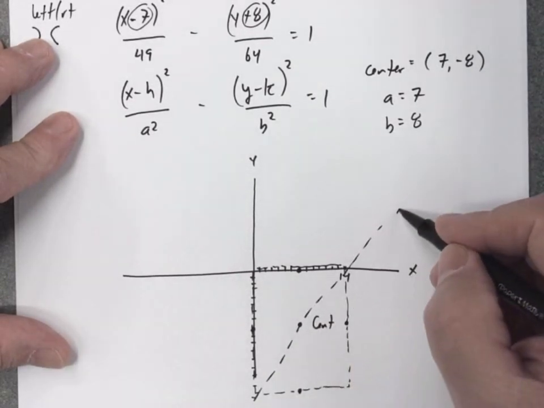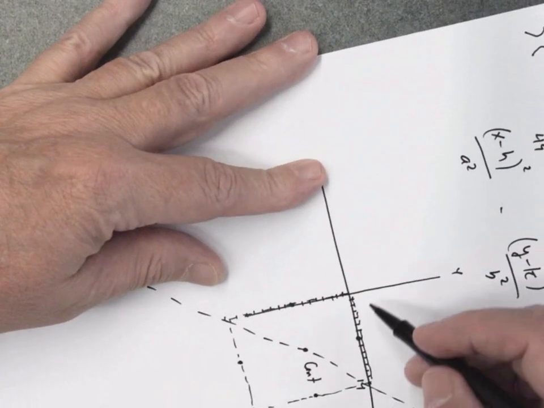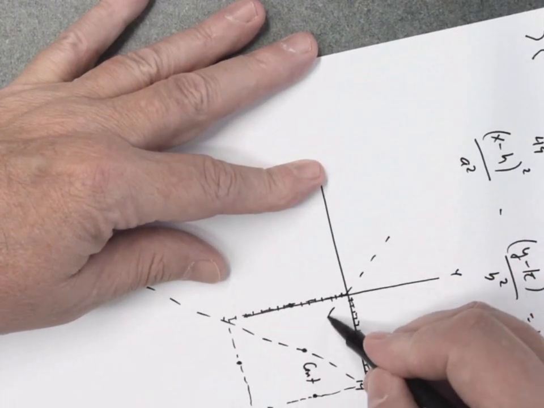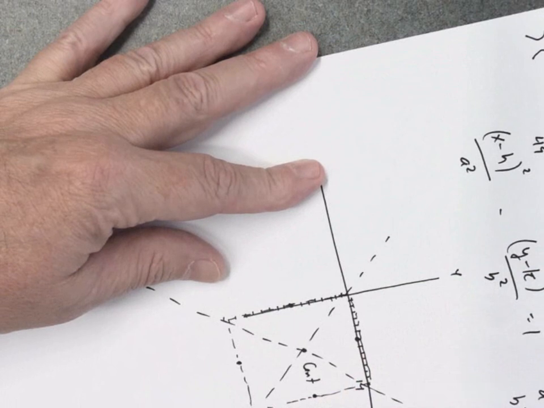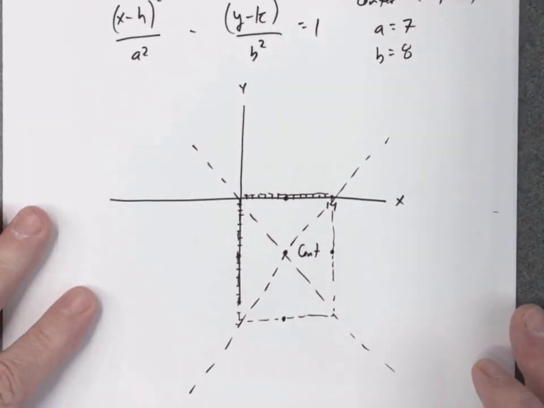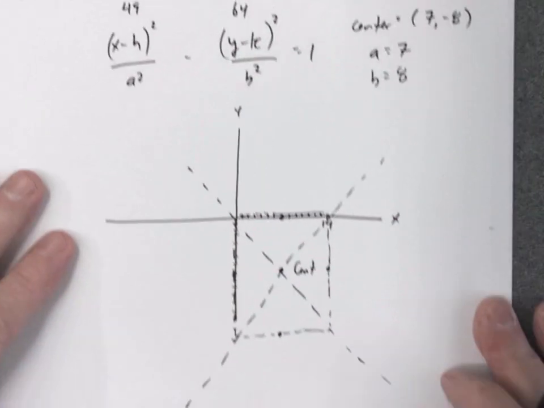Try and draw these asymptotes. And I know the hyperbola is left and right.